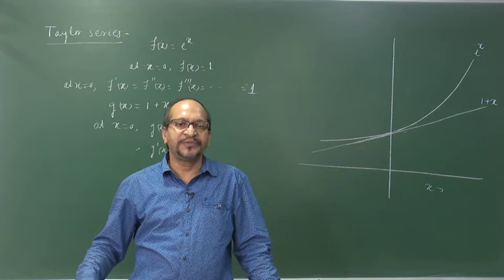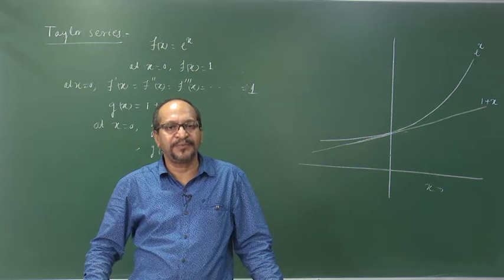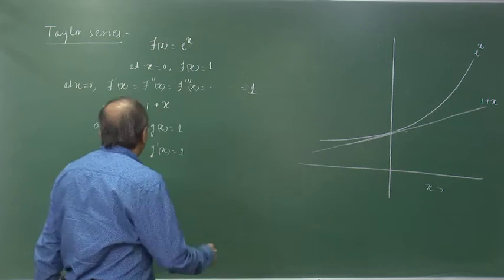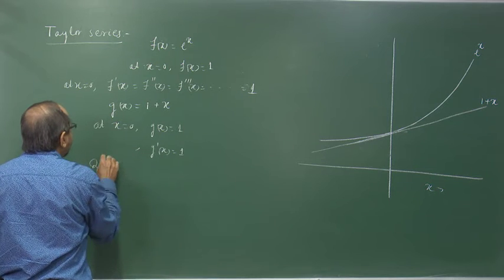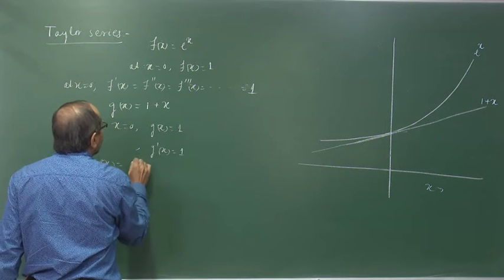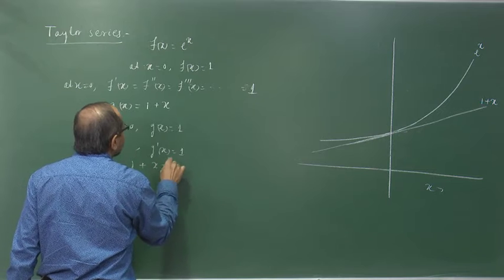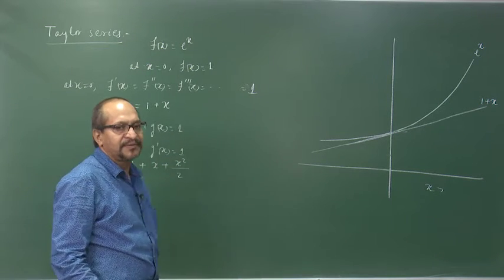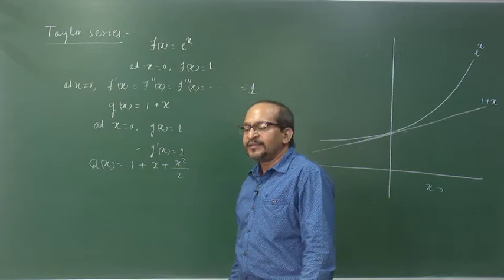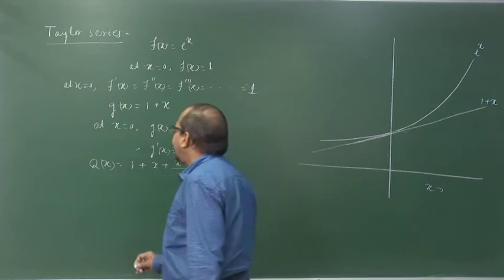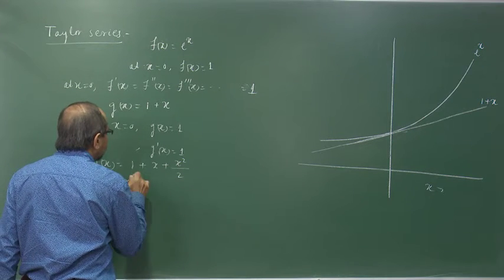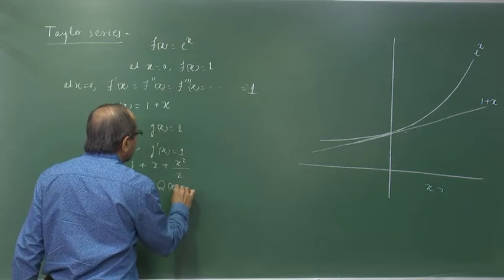So then we shall attempt another term of polynomial with a quadratic term. Let us define a quadratic polynomial now, q of x is equal to 1 plus x plus x square by 2. Now you see at x is equal to 0, q of x is equal to 1.